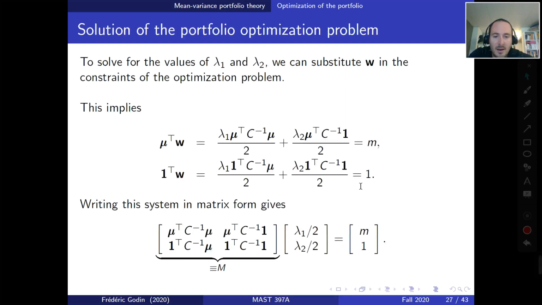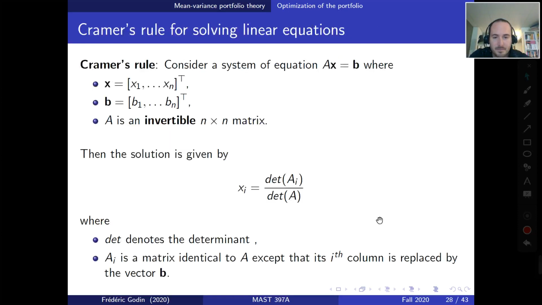So let's go back here. This is the system of equations we wanted to solve. The matrix M acts as the matrix A in Cramer's rule. This is the vector X, which contains lambda 1 over 2 and lambda 2 over 2, and this is the vector B in Cramer's rule.